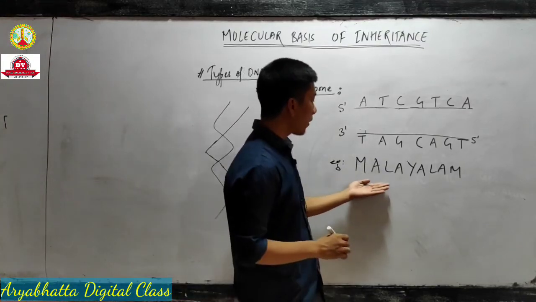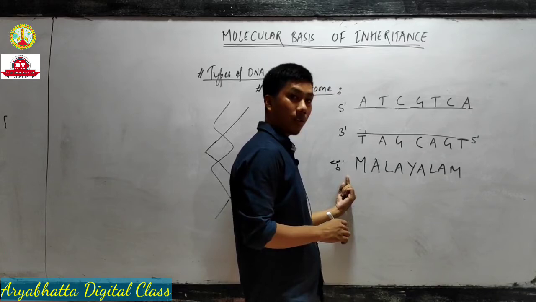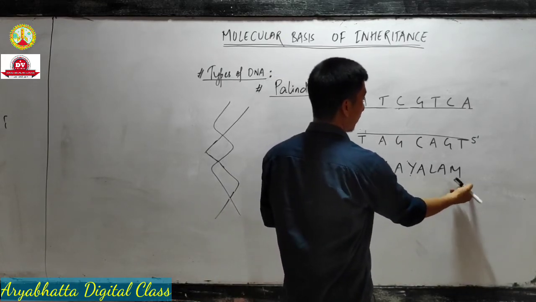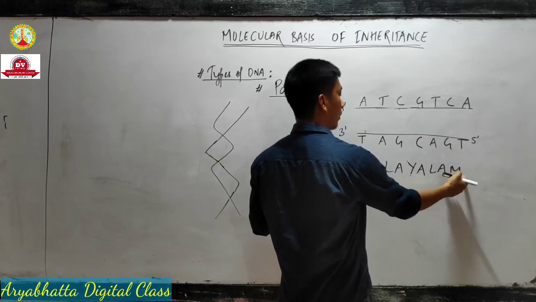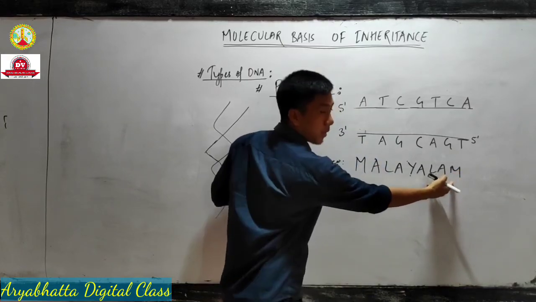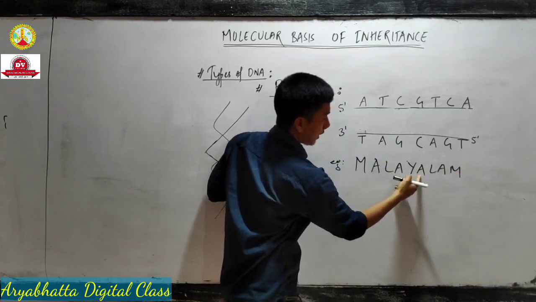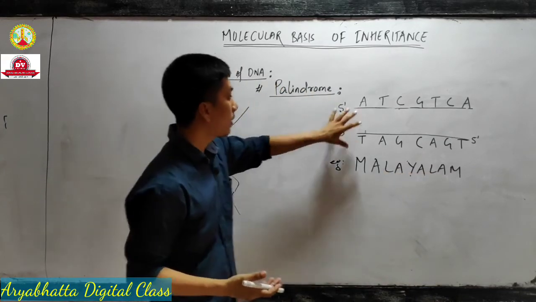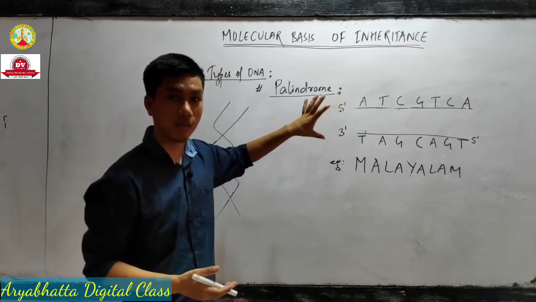When we read Malayalam from this direction, we read Malayalam. Now if we read from the other direction, we also read the same word, Malayalam. So just like that, this is a palindrome sequence.